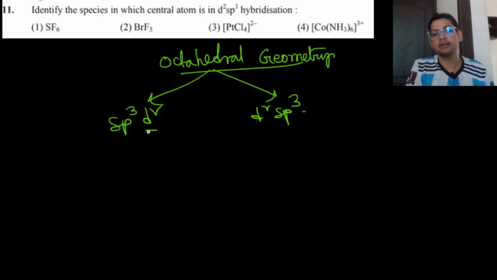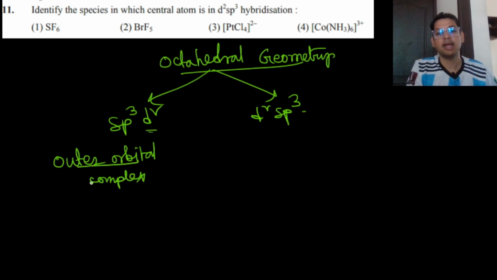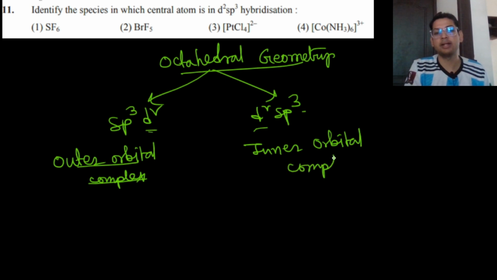You see, here the outer d orbital is used, so it is called an outer orbital complex. And here in d2sp3, the inner d is used, that is called an inner orbital complex. Okay, inner orbital complex.